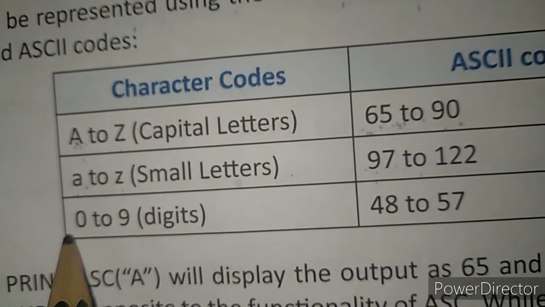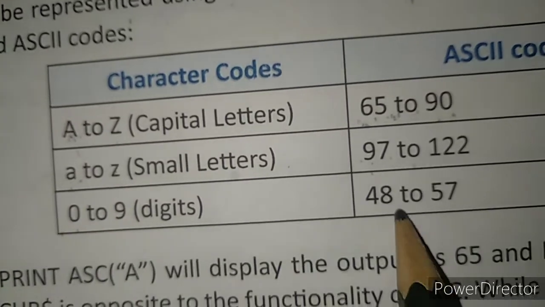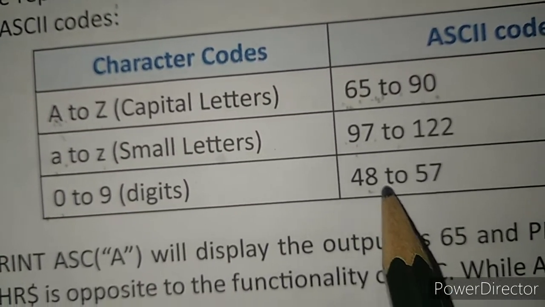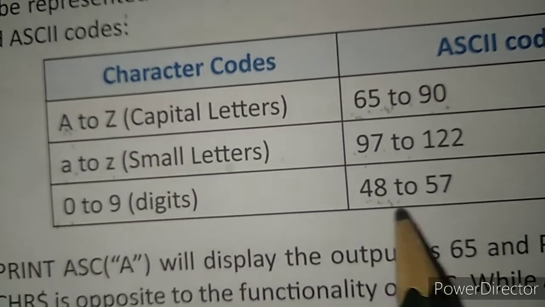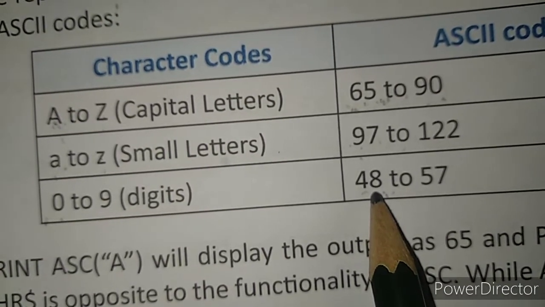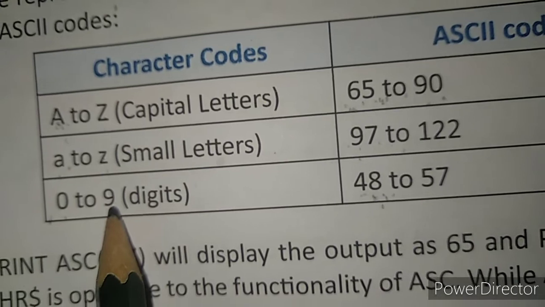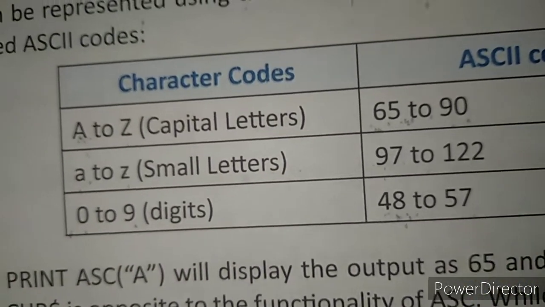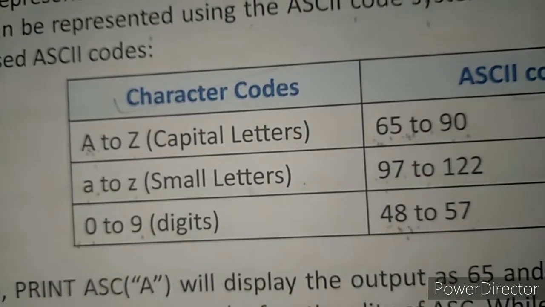For 0, the ASCII code is 48. For 1, the ASCII code is 49. Likewise, for the digit 9, the ASCII code is 57. So these are the characters and these are the ASCII codes.